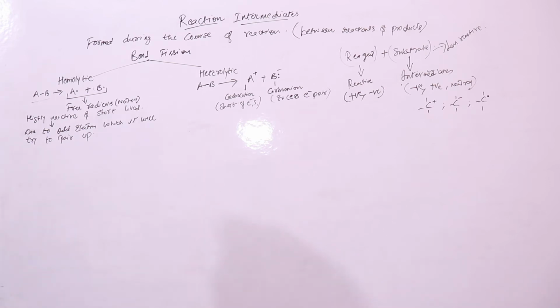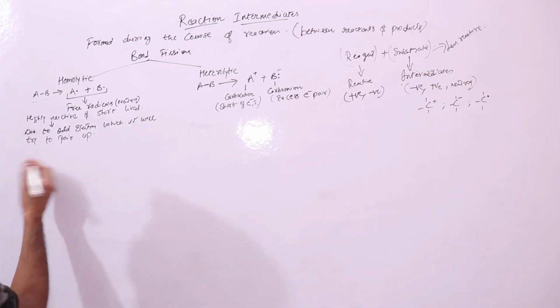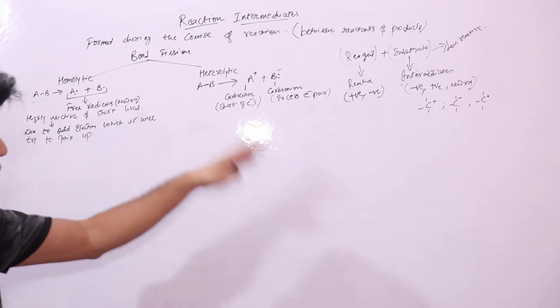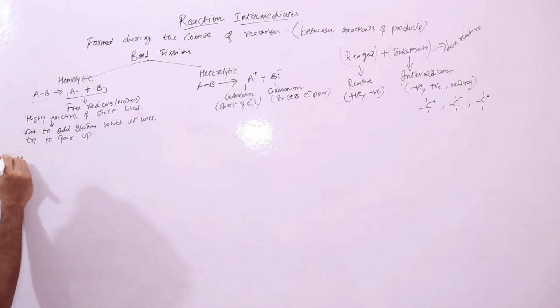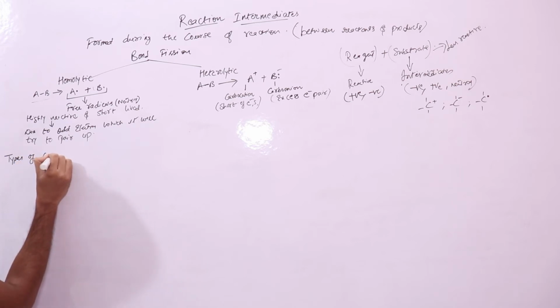Now let's quickly look into the free radicals. Free radicals are formed as a result of homolytic bond fission. Now before we go through these reaction intermediates, there is one little thing, types of carbon.